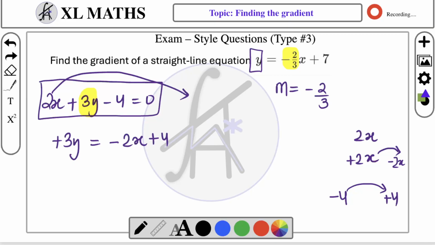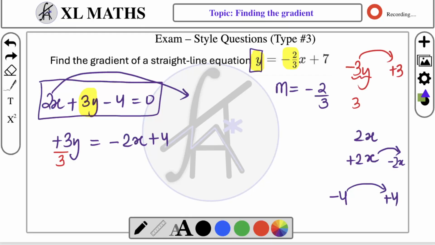Are you clear with this? Now, y really wants to be alone, not with any number. So we have to remove that 3. To remove that, we have to divide. We can't just move it, because it's 3 times y.